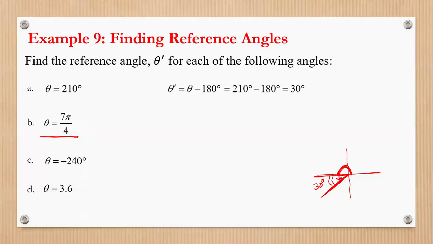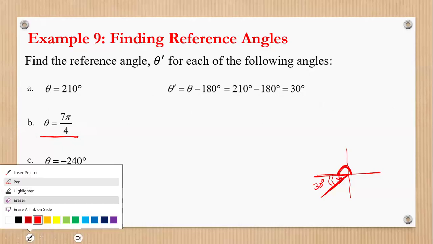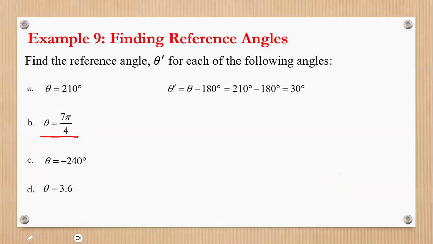Where is 7 pi over 4? Since we have dividing by 4, I can divide each quarter into 2 parts. And now I have pi over 4.